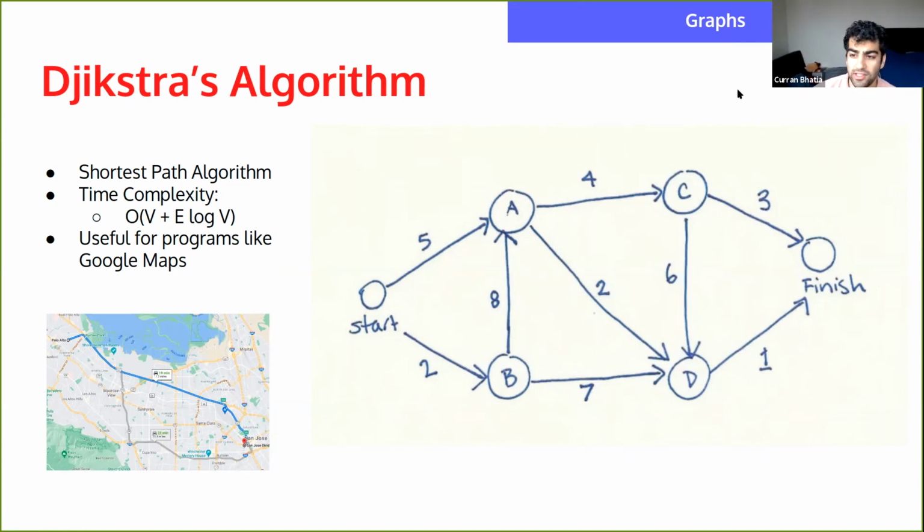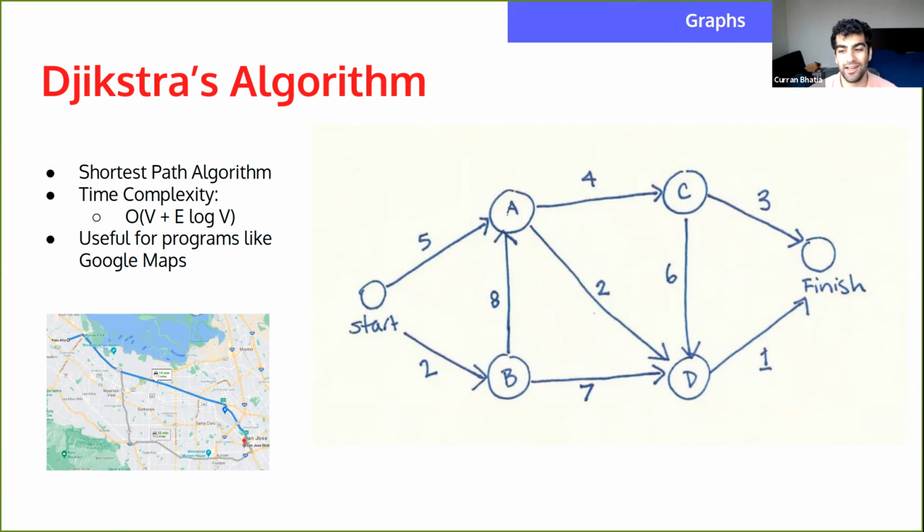Anyway, so this is considered the fastest in terms of time complexity for shortest path, and it is V, the number of vertices, plus edges times log V. And I implore you to go figure out what that means.